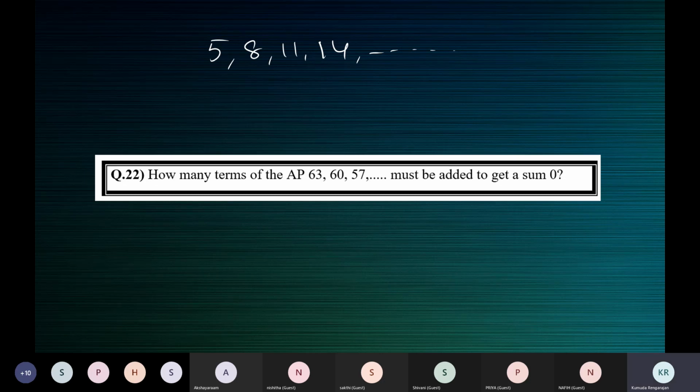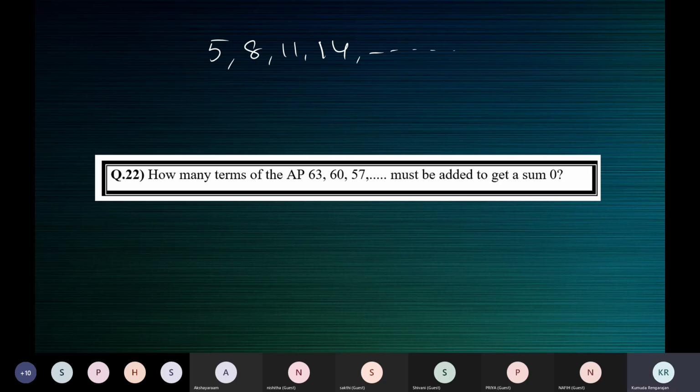These are multiples of 3 in the descending order. So you will get 12, 9, 6, 3, 0, minus 3, minus 6, minus 9, minus 12, minus 15, minus 18. From there on, all the terms will be negative. So a combination of some positive and negative terms can give you the sum 0.